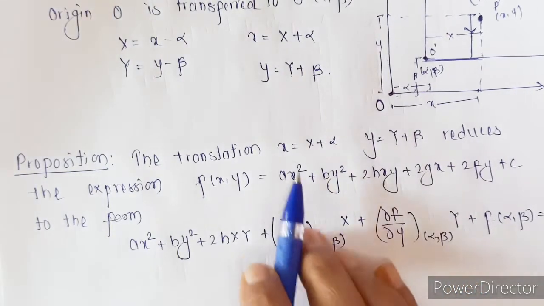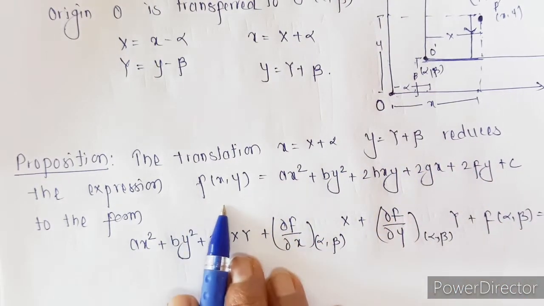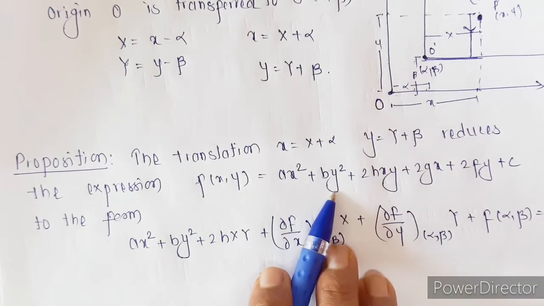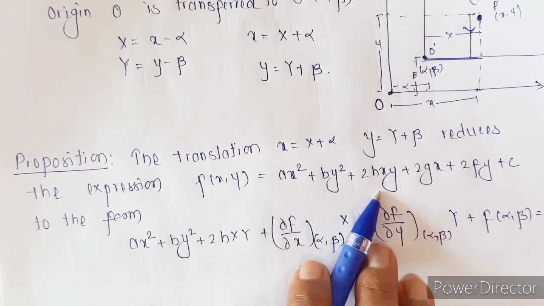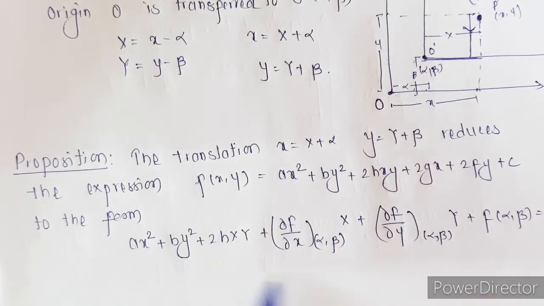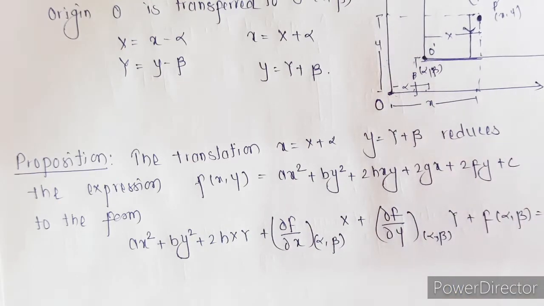Under translation, x equals X plus alpha and y equals Y plus beta reduces the expression f of x comma y equals ax square plus by square plus 2hxy plus 2gx plus 2fy plus c to this form. So we just have to reduce this equation into this form.